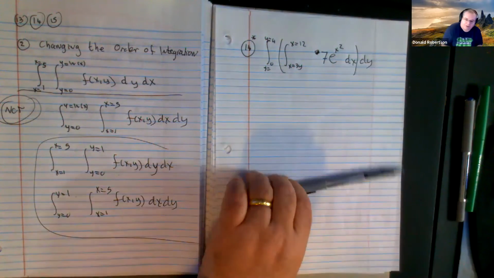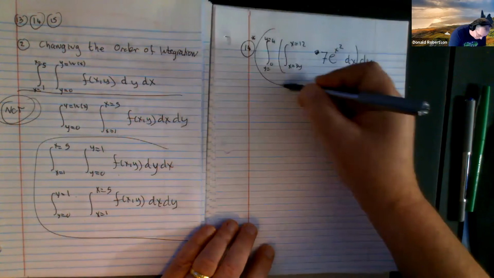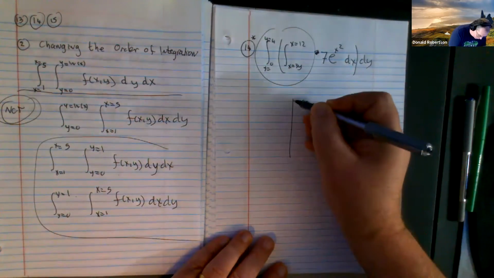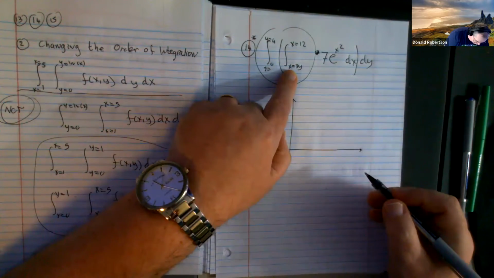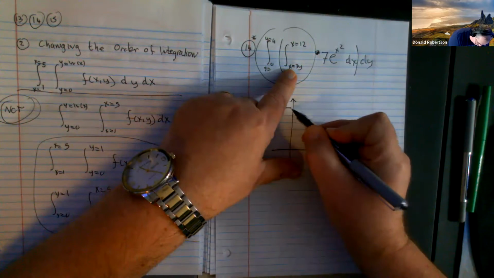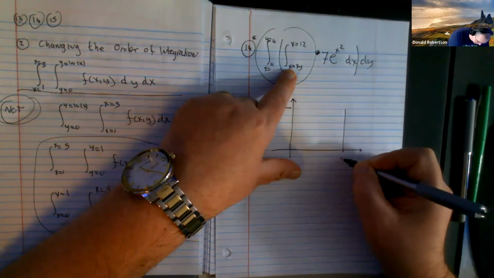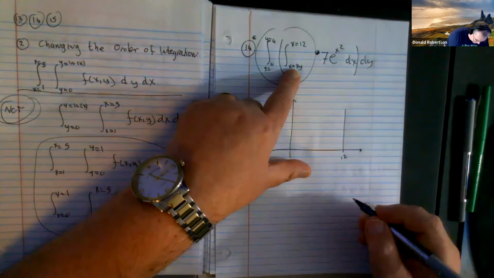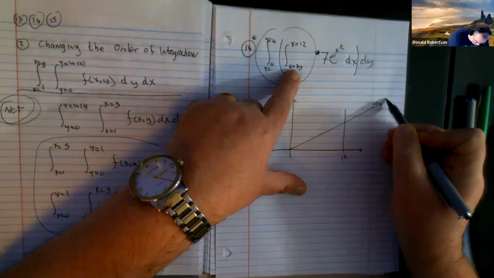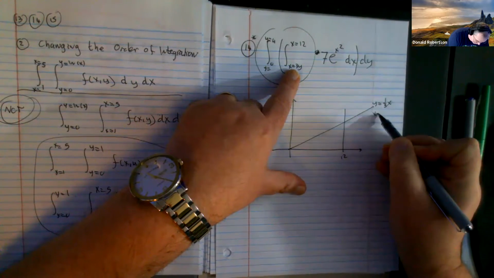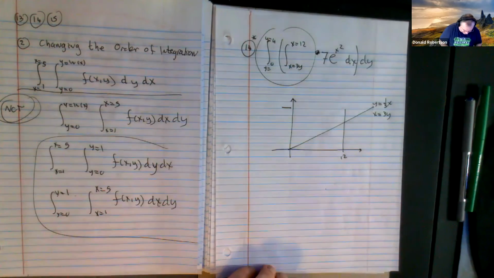Right. So I'm now going to take these limits of integration and create what the region D should look like. Now, x equals 12 is basically here. And x equals 3y is the same as y equals 1/3 x. That's the same thing as x equals 3y, right?